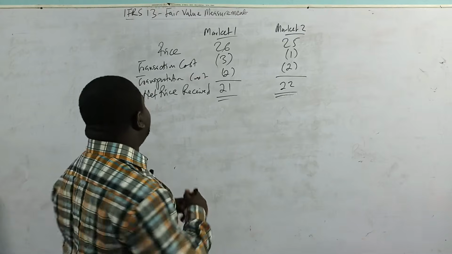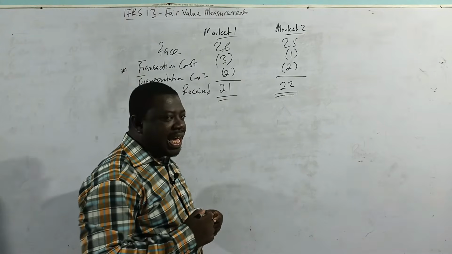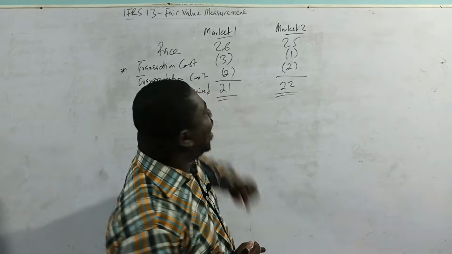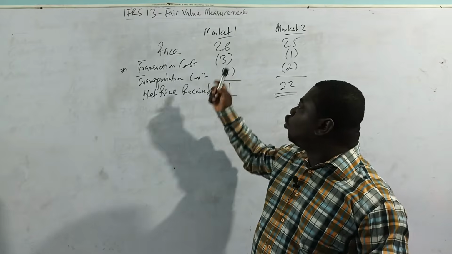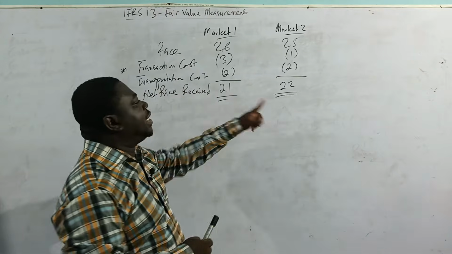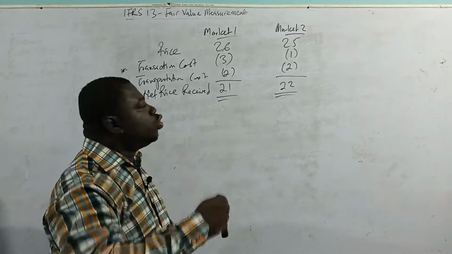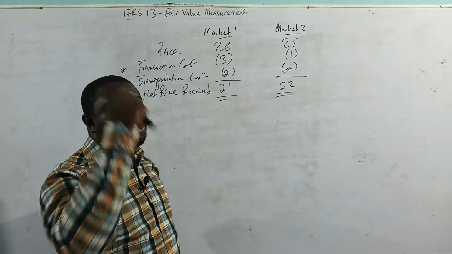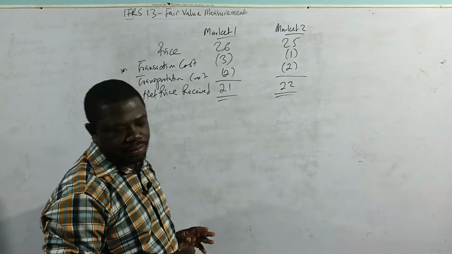Now, there is an exemption to transaction costs when it comes to fair value measurement. And this is what IFRS 13 says, that even though transaction costs are included in determining which market is the most advantageous in terms of the net price received, transaction cost should not be factored in the actual valuation of the assets.